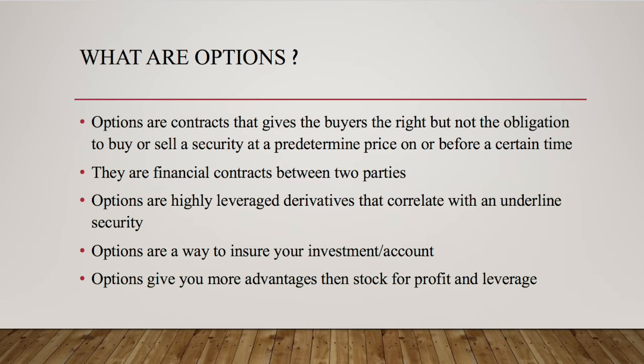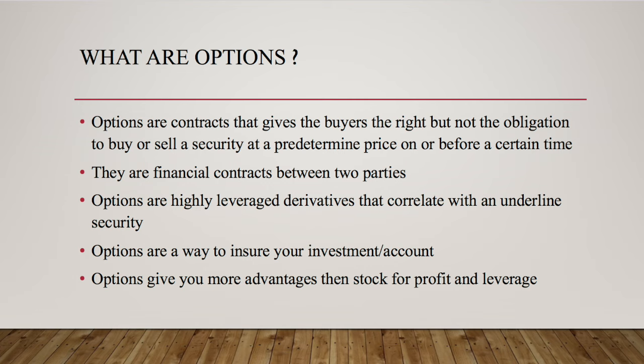So what are options? An option is a contract allowing the buyer the right, but not the obligation, to buy or sell the underlying security at a known price in a known predefined time frame.